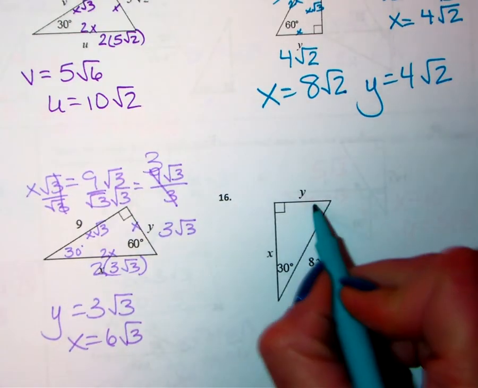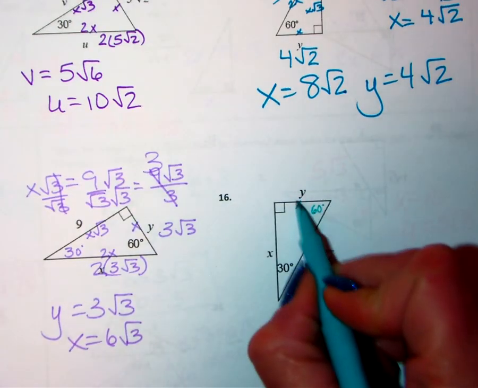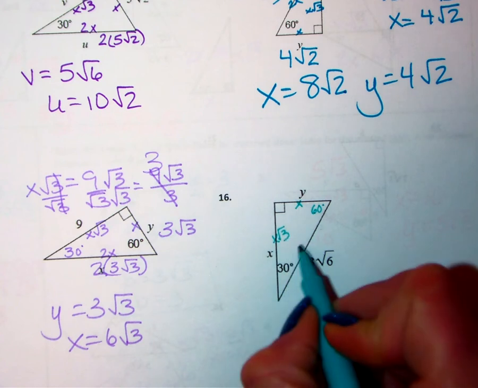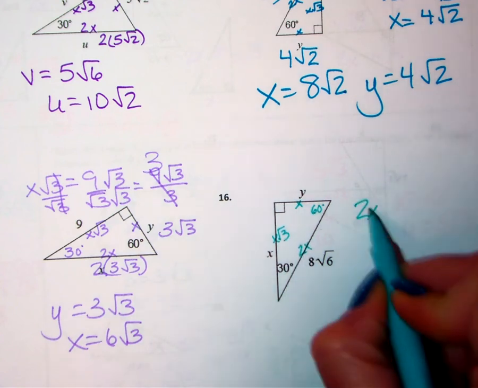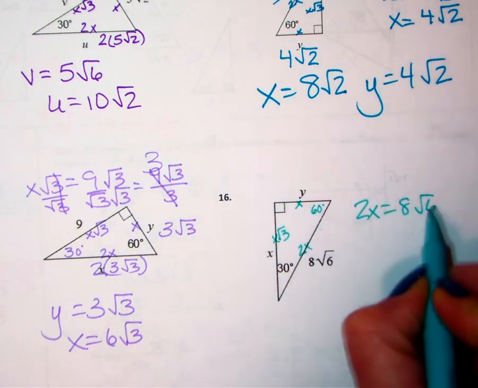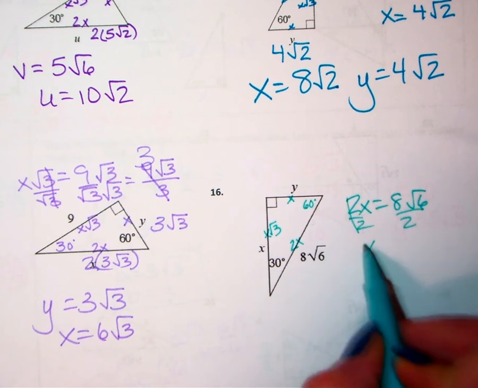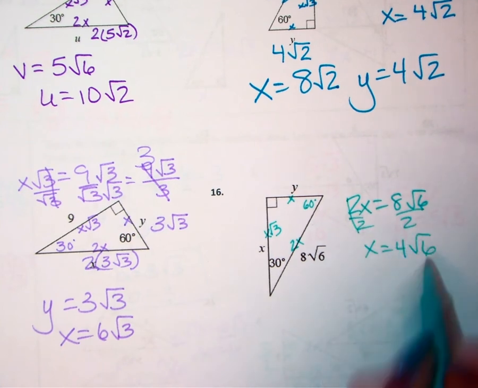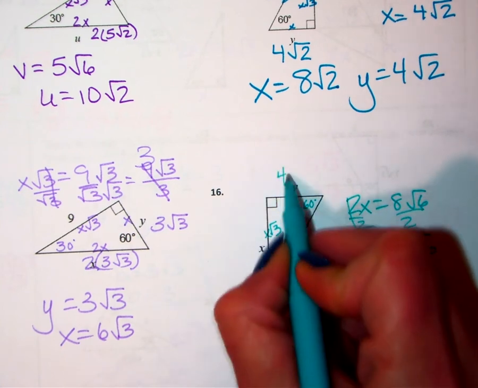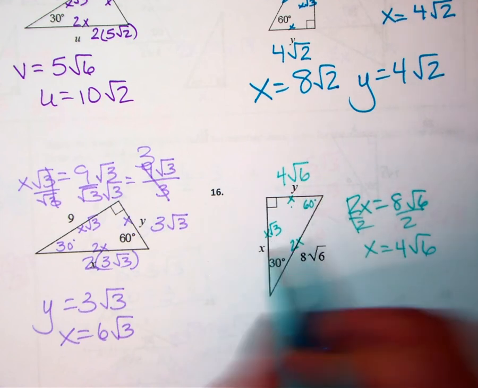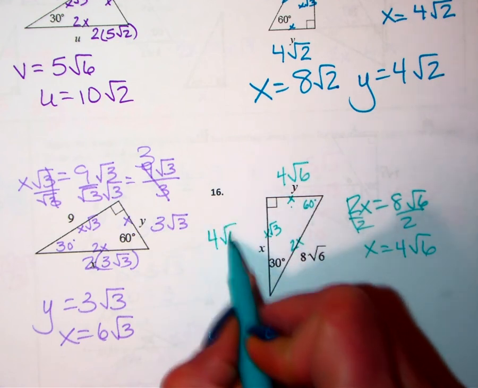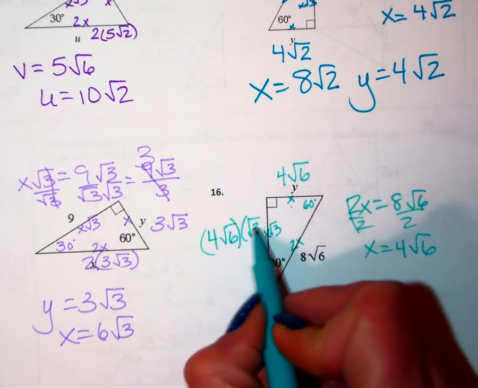Okay, so here I've got x square root of 3 and 2x. So 2x is 8 square root of 6. So dividing by 2 tells me that x is 4 square root of 6. So that would be x side is this side. Okay, and then I've got 4 square root of 6 times the square root of 3.